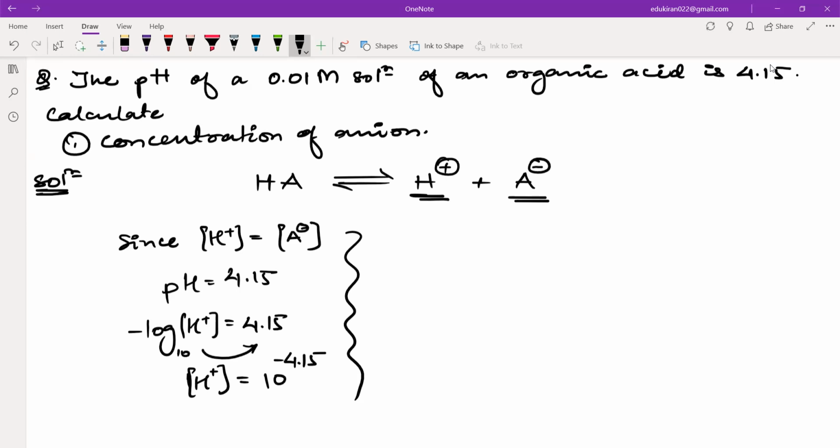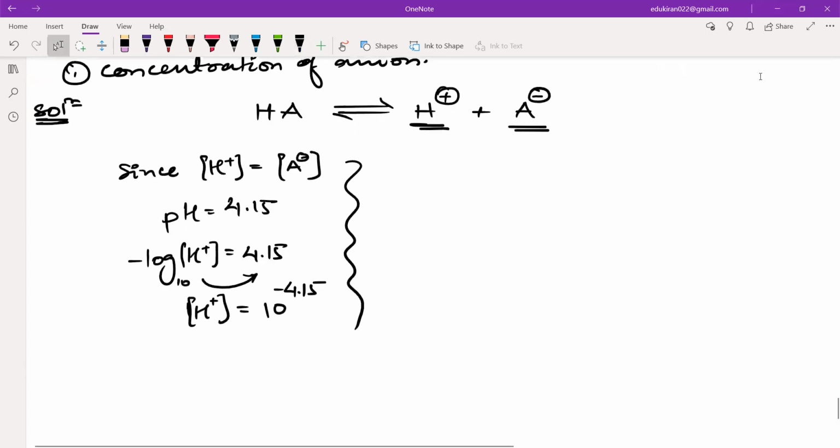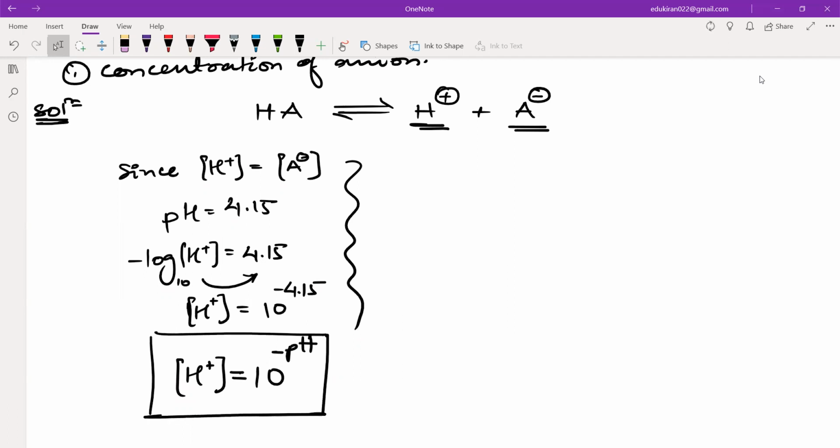Whenever you have to calculate, you can directly write the concentration of H plus from pH: H plus concentration is 10 to the power minus pH. Now, how will we calculate?